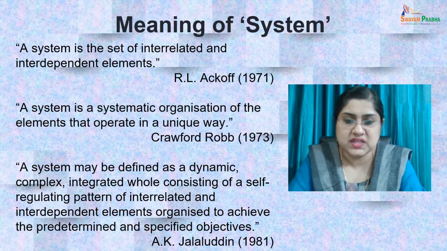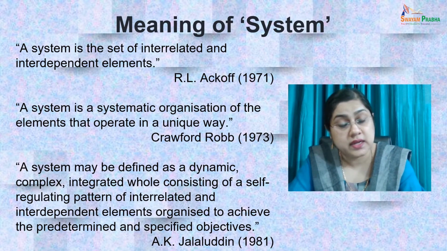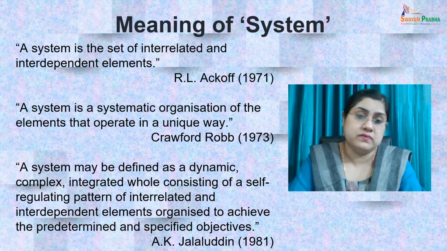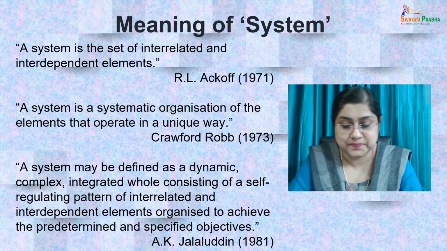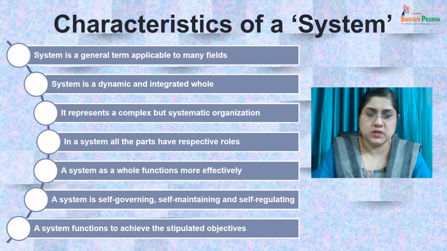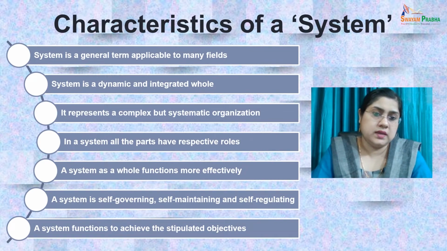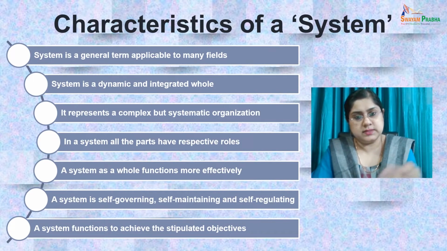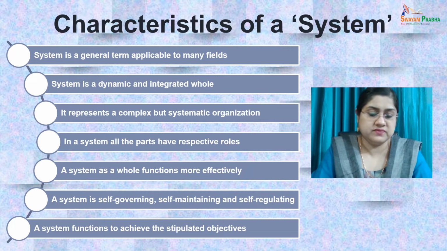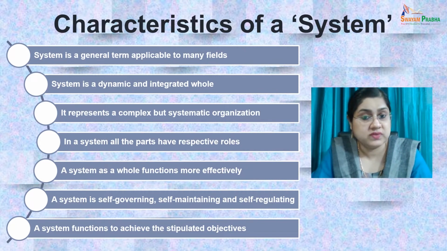And these definitions actually make it a little clear how we can define the term system. We have seen three definitions and we have tried to understand what exactly is the meaning of system. So let us try to make a list of the characteristic features of a system.